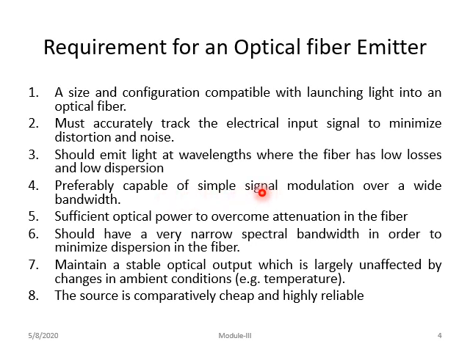It should preferably be capable of simple signal modulation over a wide bandwidth, and have sufficient optical power to overcome attenuation in the fiber. That is very important: the optical power should be sufficient so that attenuation is minimized. It should have a narrow spectral bandwidth, very small, to minimize dispersion, and a stable output largely unaffected by changes in ambient conditions, like temperature, which should not affect the flow of the optical signal across the fiber.